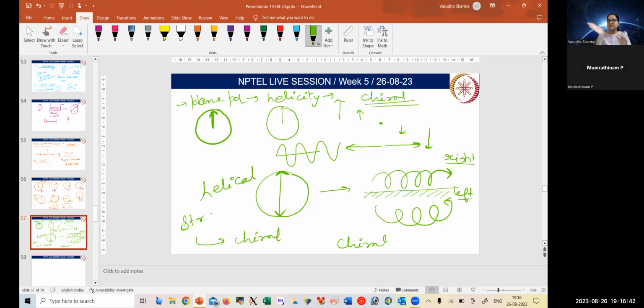It is not going in just a straight direction. It has to move linearly and also rotate. As you can see, this is like a clock. So it is moving forward, but it is having a circular motion. That's why it has helicity in it.